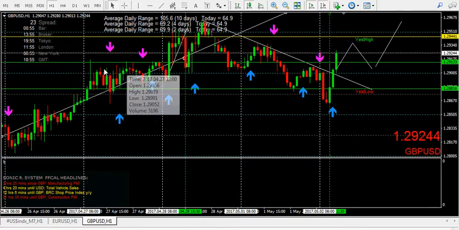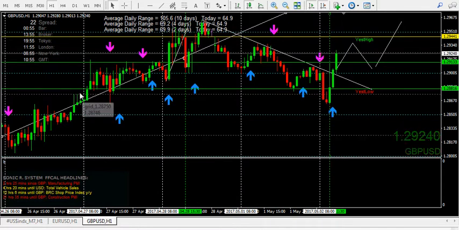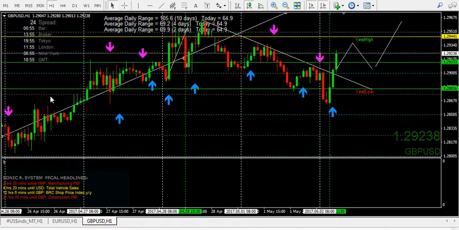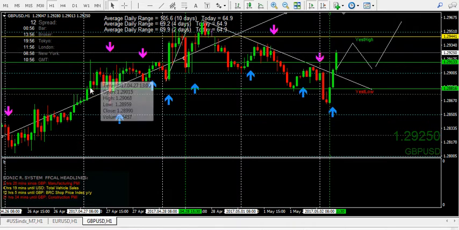Obviously the big round number has affected price far more than just a 25 level, the 75 level there, or the 50 level. So we can clearly see a pattern, and I've never really mentioned this before in my videos, but the congregation of price, sideways motion, accumulation, distribution, or whatever you want to call it, at these levels is so apparent. That is why I like to use them.